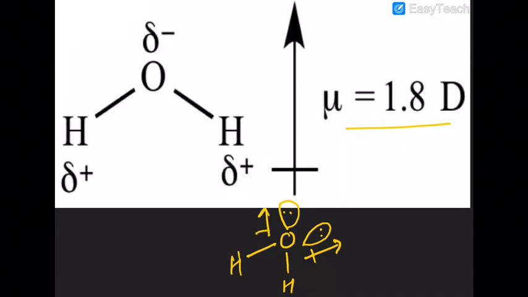So remember that always: if a lone pair is present, although a bond is not present there, the dipole moment is towards the lone pair.